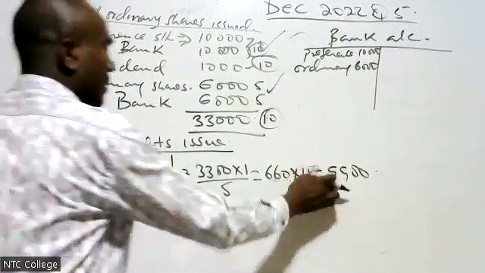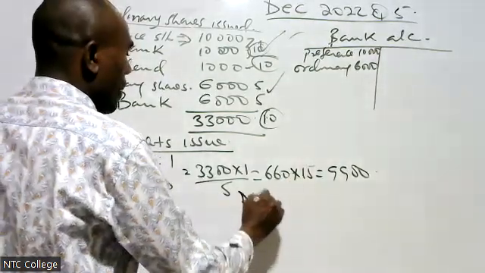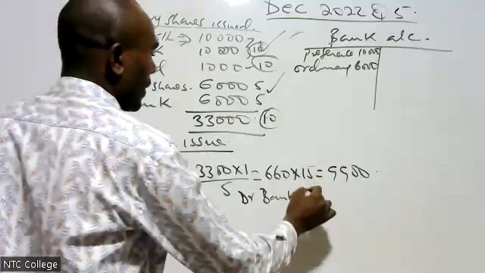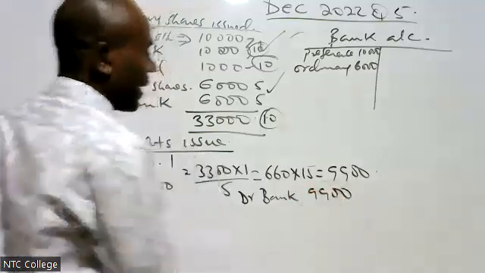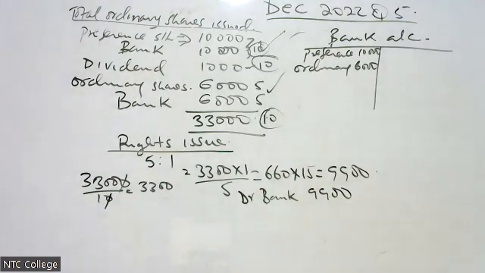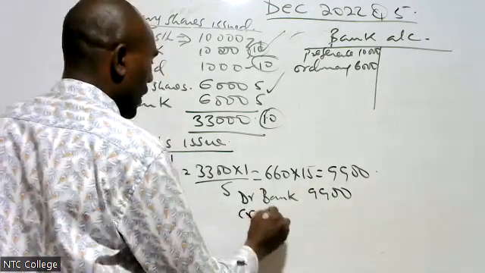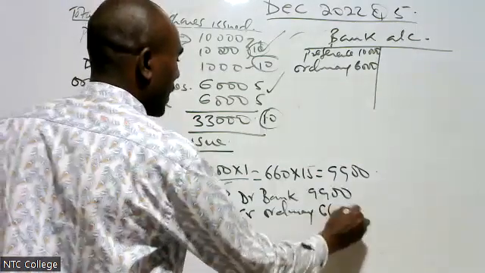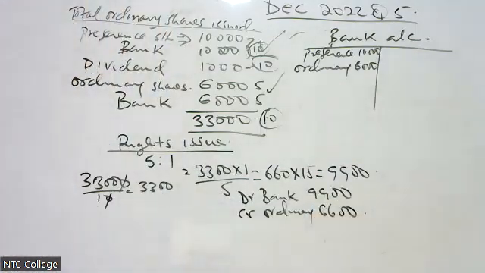Therefore, this 9, I'm going to debit bank with 900. I credit ordinary shares with 600. Ask me where I'm getting 600.